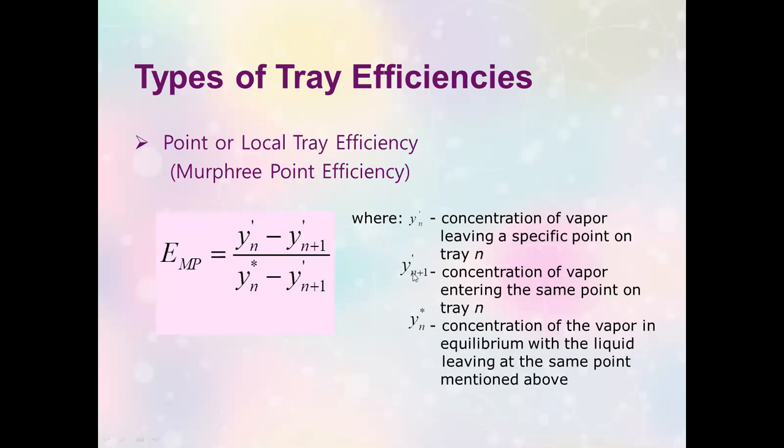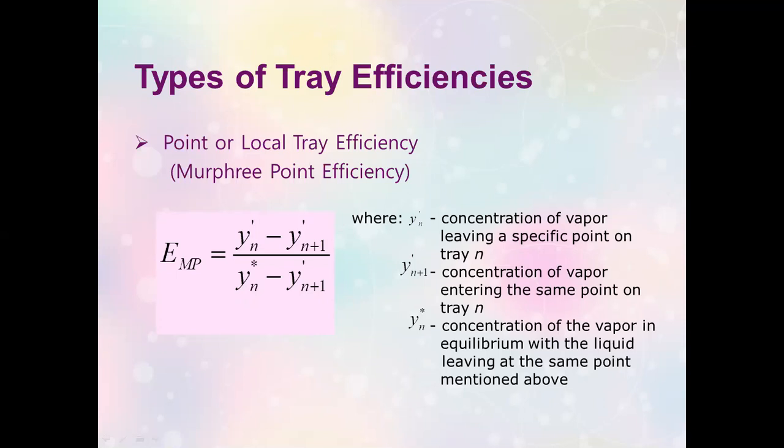So the y prime sub n plus 1 must be the concentration of the vapor entering the same point on tray n. And y sub n asterisk is the concentration of the vapor in equilibrium with the liquid leaving the same point that we're talking about in here in the y prime sub n and the y prime sub n plus 1. So take note that if the first one is accurate, the Murphree efficiency, this is even more accurate than the Murphree efficiency.